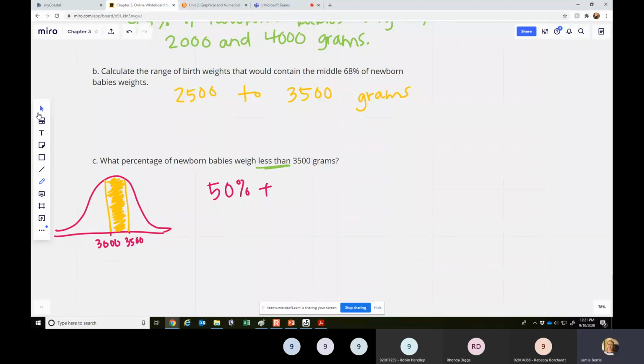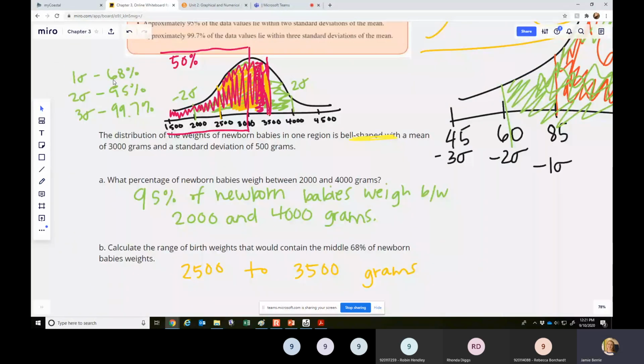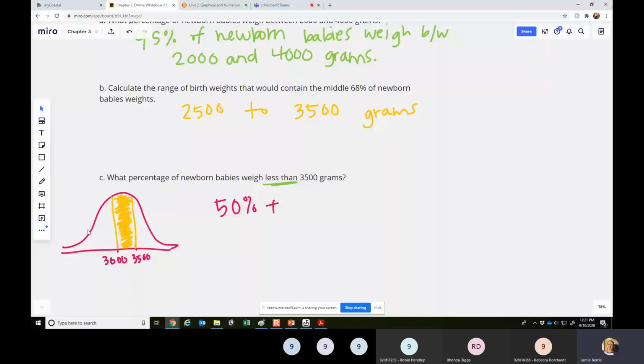So let's think about what we know from the empirical rule. The empirical rule tells us that 68% of the data values are within 1 standard deviation of the mean. So from here, which would be 2,500, to here is 68%. Well, this is half of that.